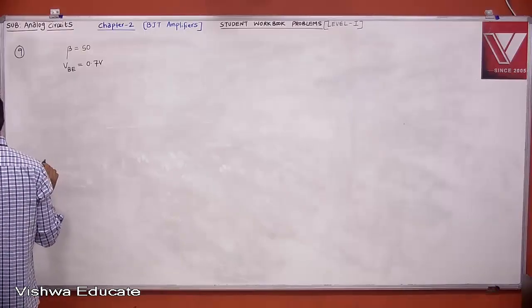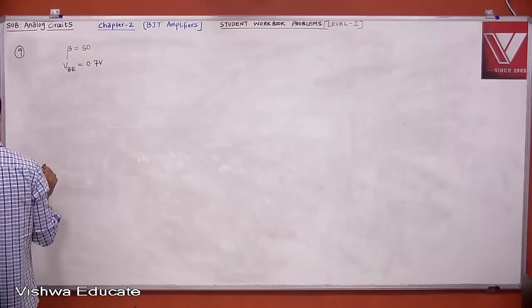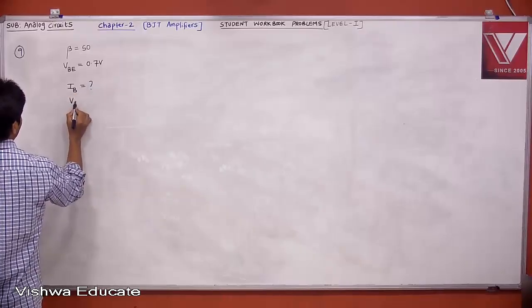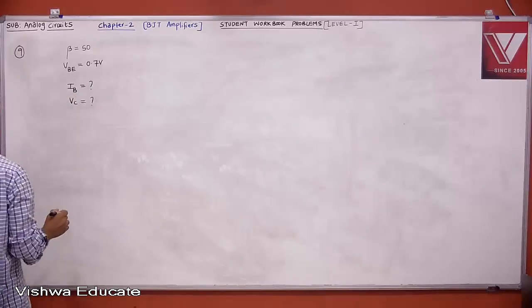Find the base current and the collector voltage. Therefore, what is your IB and VC? This is what is given.